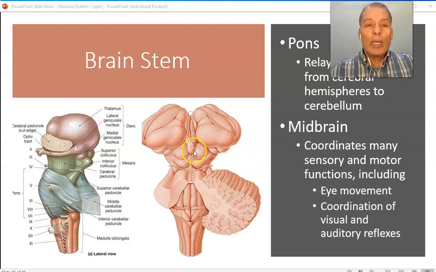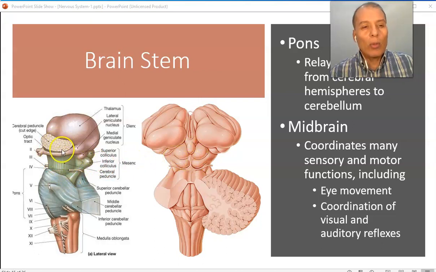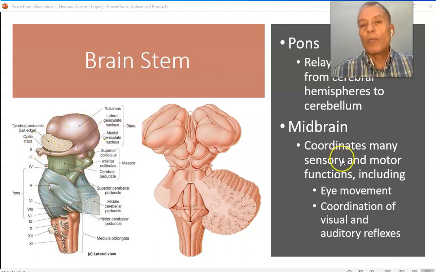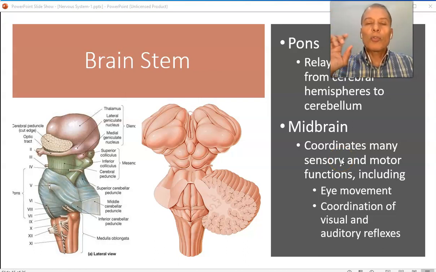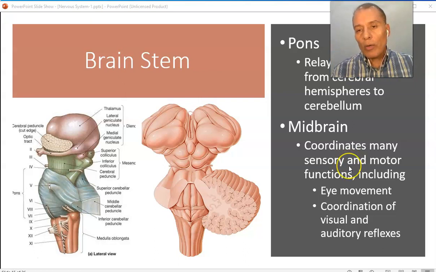The midbrain, this structure, this green structure here, it's not really green, of course. And on top of it, you find the thalamus and the hypothalamus. That structure is mostly pathways, and it has the origins of a number of cranial nerves. So it has cranial nerves that control eye movement.